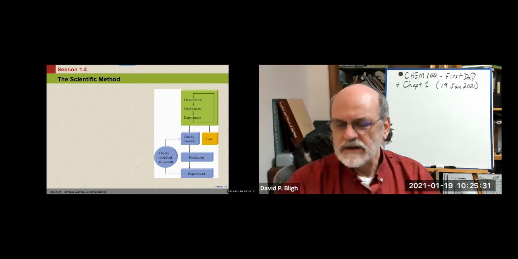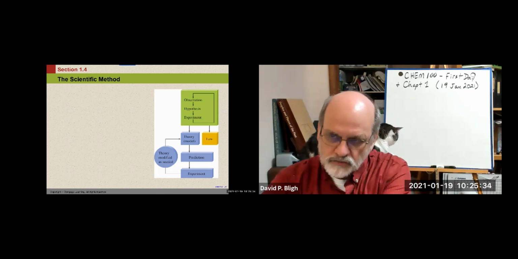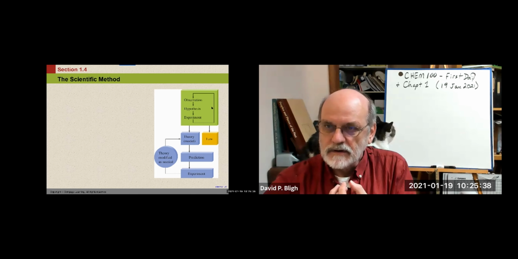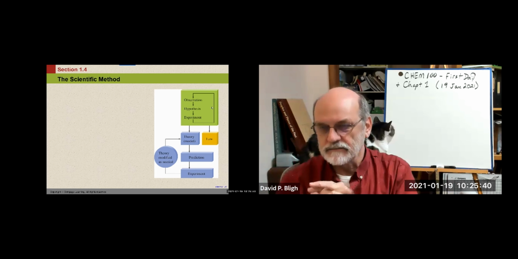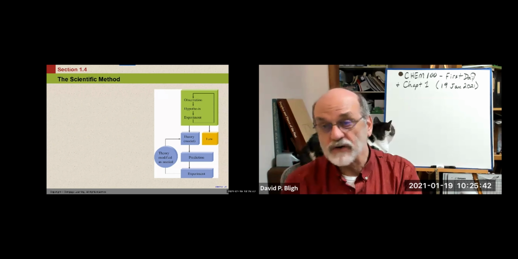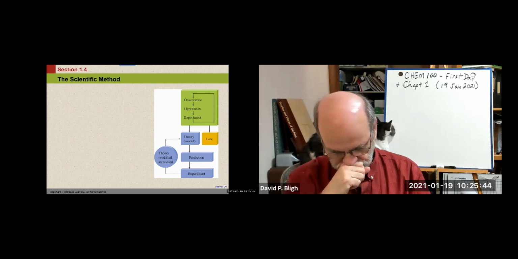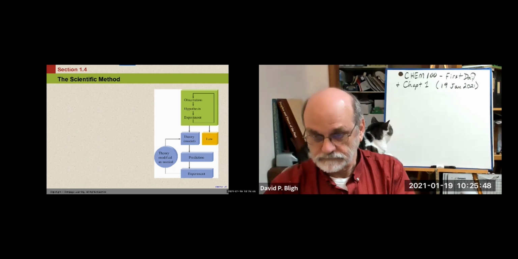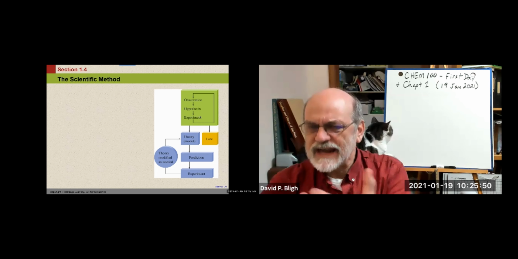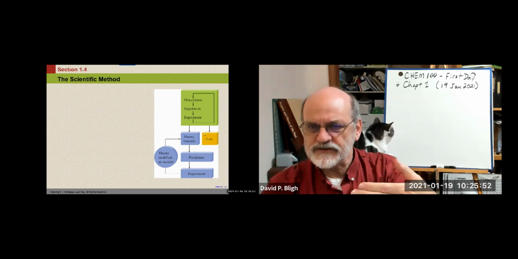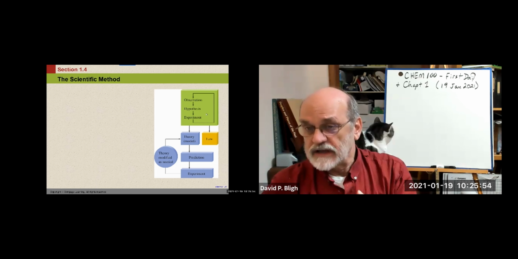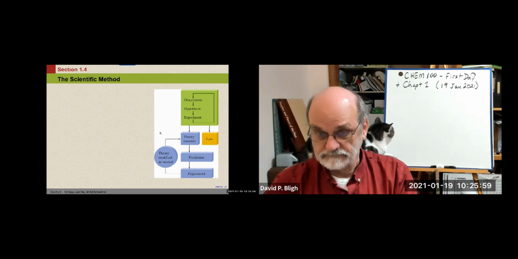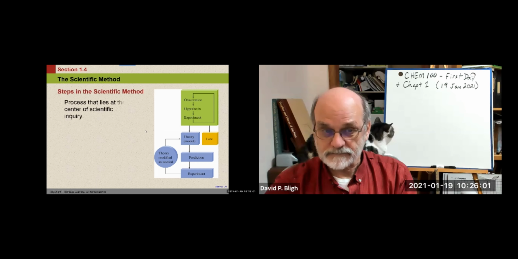But eventually, you've got to draw something out of all of those experiments that pulls them all together. And it may take hundreds of them to do that. It may take only a few. Depends on the problem. Now, what can you get out of that process, that circular process? You can either get a law or you can get a theory. So there's a difference.